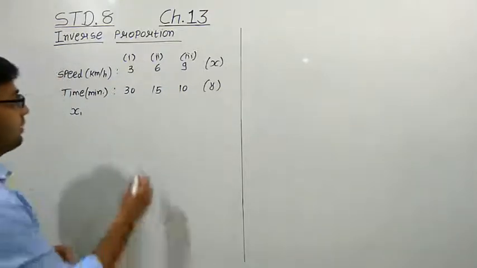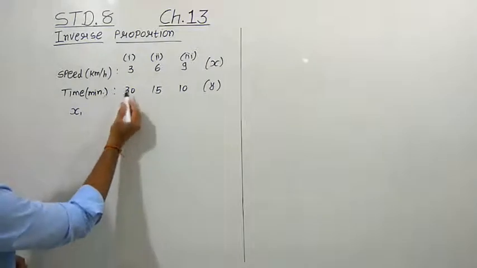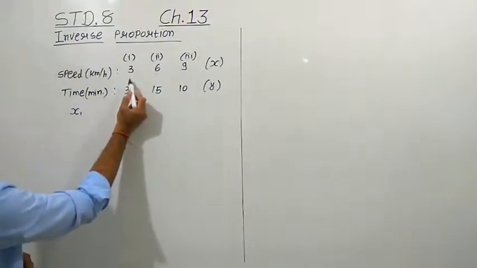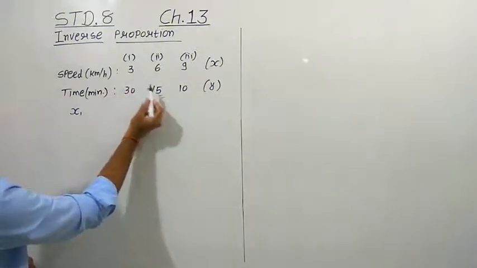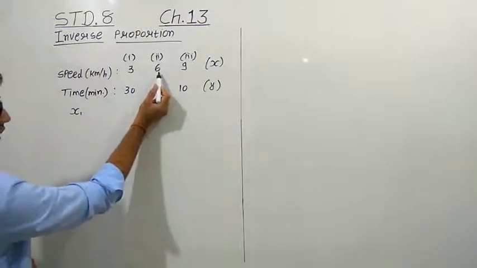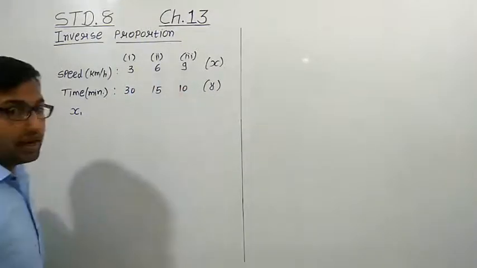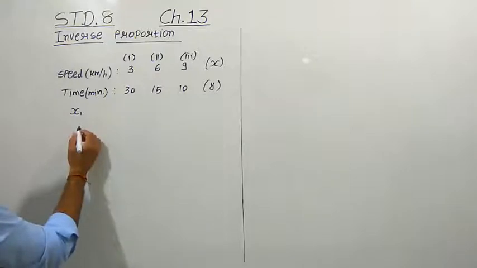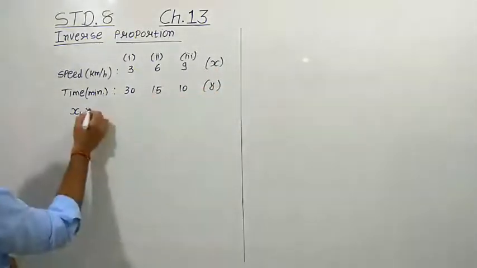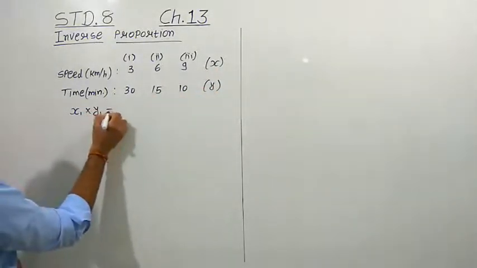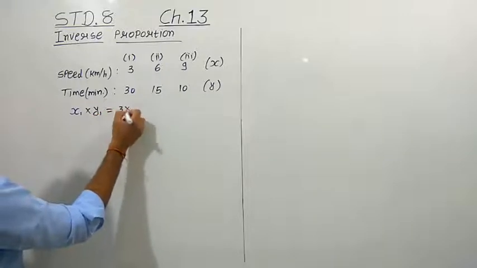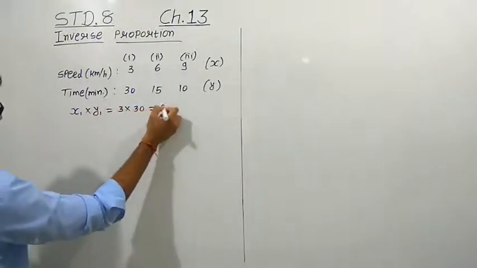In inverse proportion let us take the multiplication, because here we can see that 30 3s are 90, 15 6s are 90 and 10 9s are 90. So the multiplication of the two quantities, x1 multiply y1, what value do we get? 3 into 30 is equal to 90.